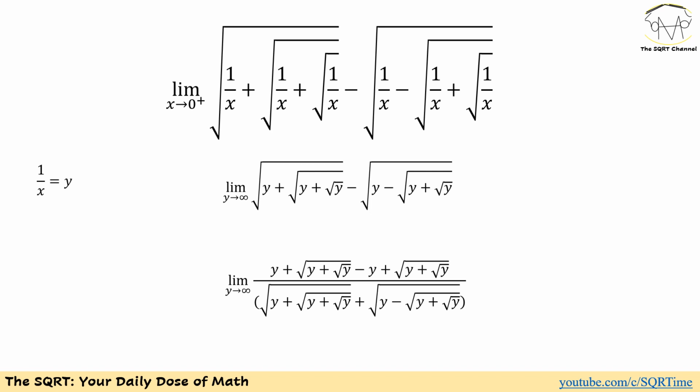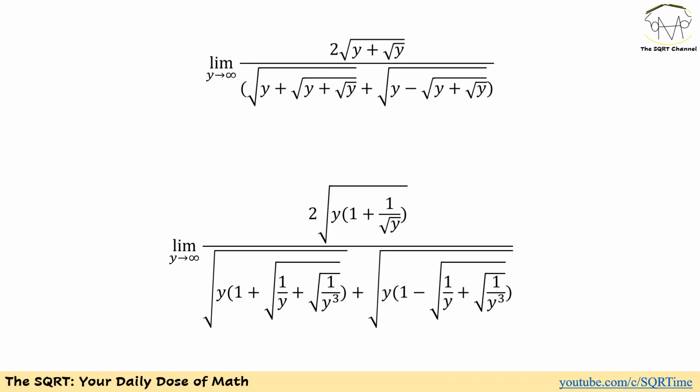And then for the denominator, we are going to use exactly what we had in the original expression, but instead of the subtraction sign, we are going to use plus sign. Now after some simplifications, for the numerator, we are going to have 2 times radical y plus radical y. The denominator is going to be exactly the same thing that we saw before.